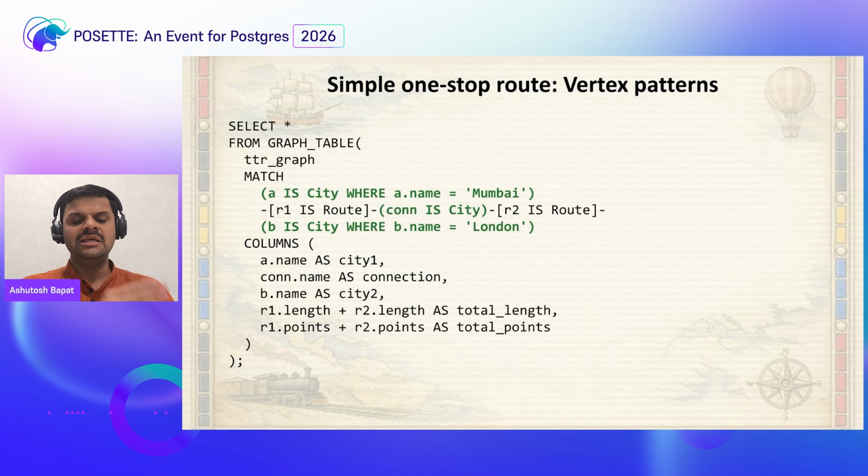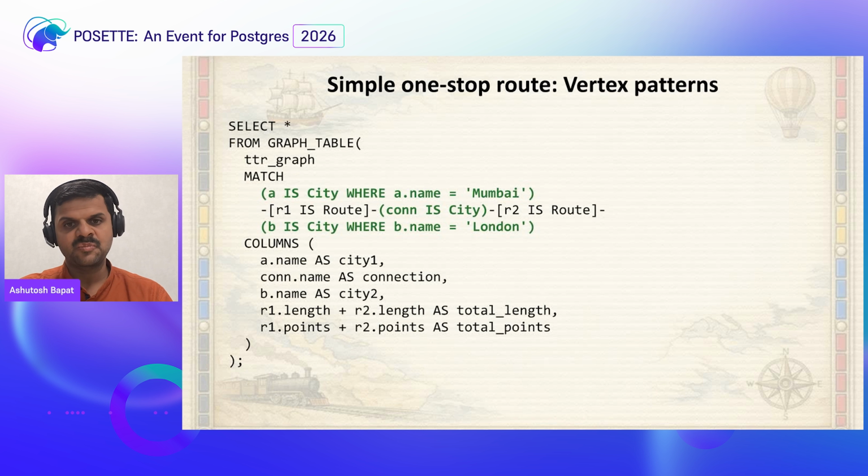Typically, a pattern is a sequence of vertex patterns and edge patterns. A vertex pattern tells which vertices can be placed at that position in the path. An edge pattern tells which edges can be placed at the corresponding positions in the path. For example, here we have three vertex patterns and there are two edge patterns in between.